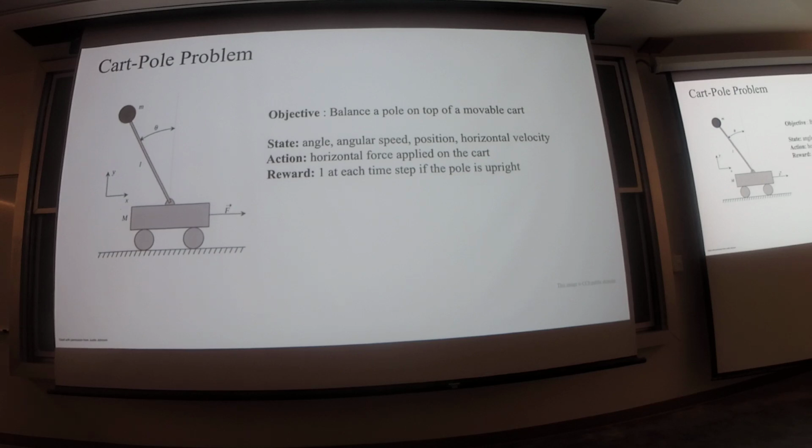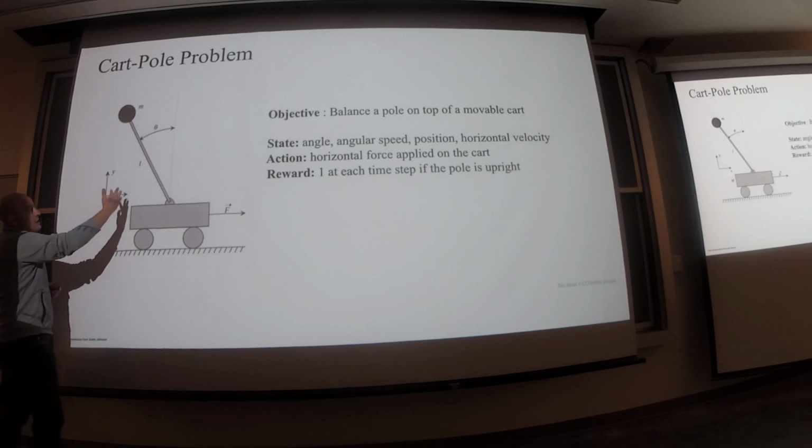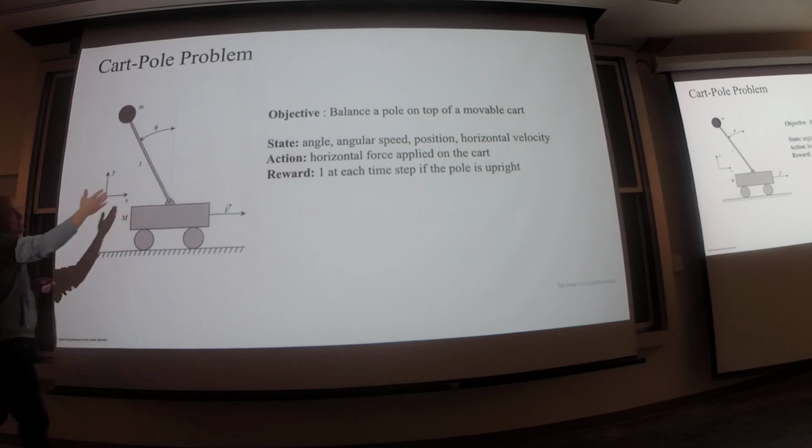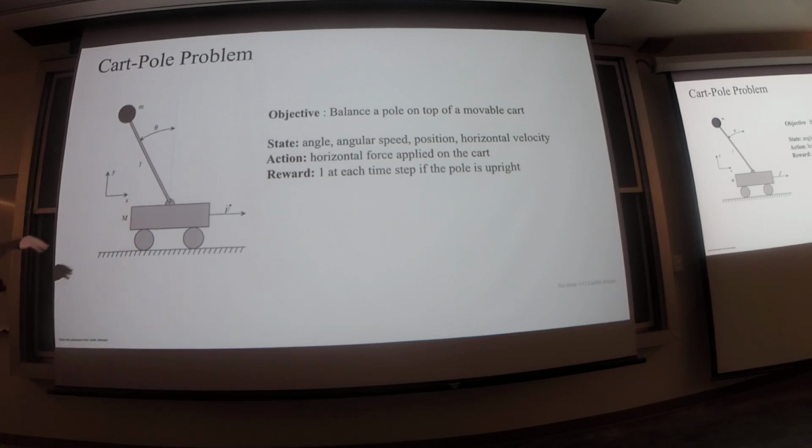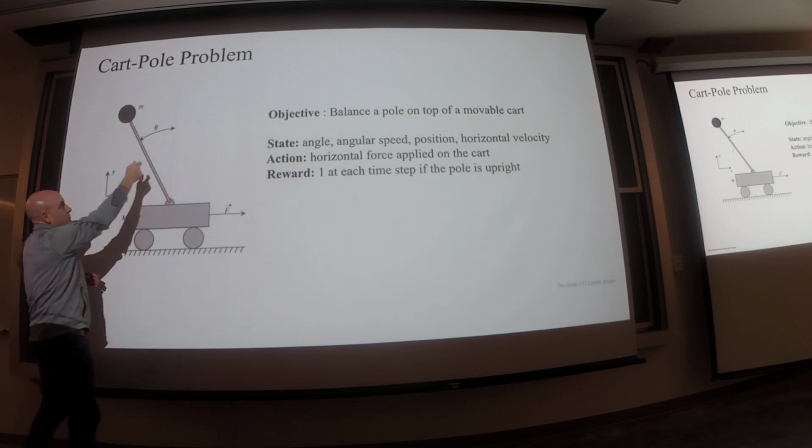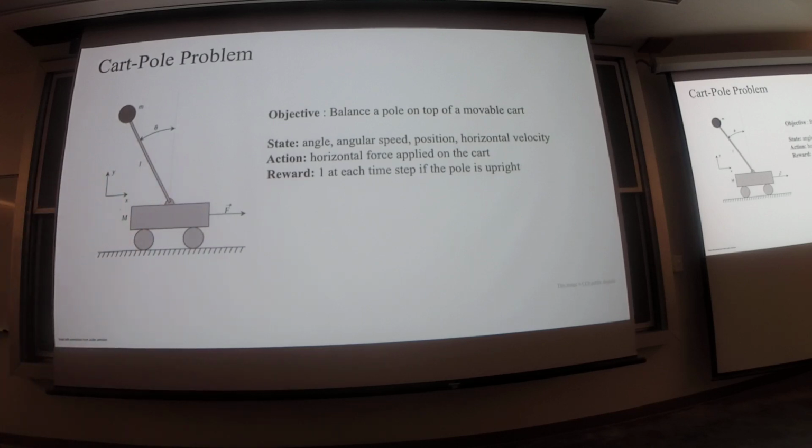It has to go through a smooth transition of velocity from right to left. But the point is that this is the universe you're in, and at each time step you get a reward if the pole is upright, which is typically not necessarily exactly upright, but within some small angle of upright.